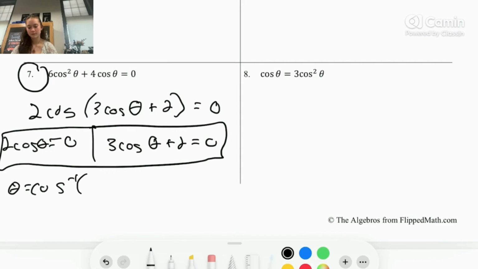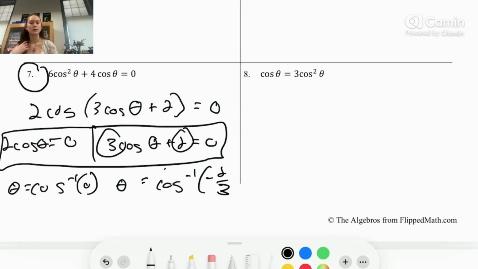You take the opposite, so you would take this number first and then the number on top and make it negative so that it would cancel it out.